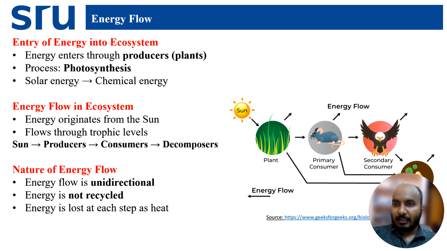Once energy enters the system, it flows through different levels. From this figure, the energy enters from the sun to producers like plants. Then it moves to the consumers, primary and secondary, followed by the decomposers.